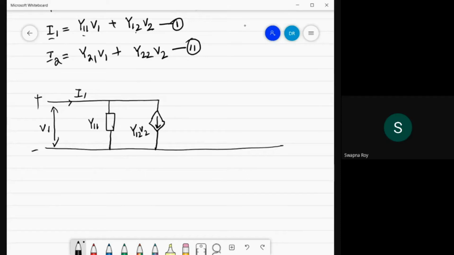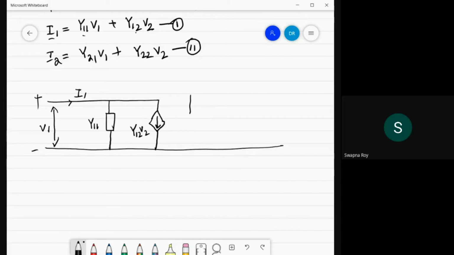This I1 is the sum of two currents, V1 into Y11 plus Y12 V2. This is the input port current. The output port current we can see is Y21 V1. So this one is again a voltage controlled current source.